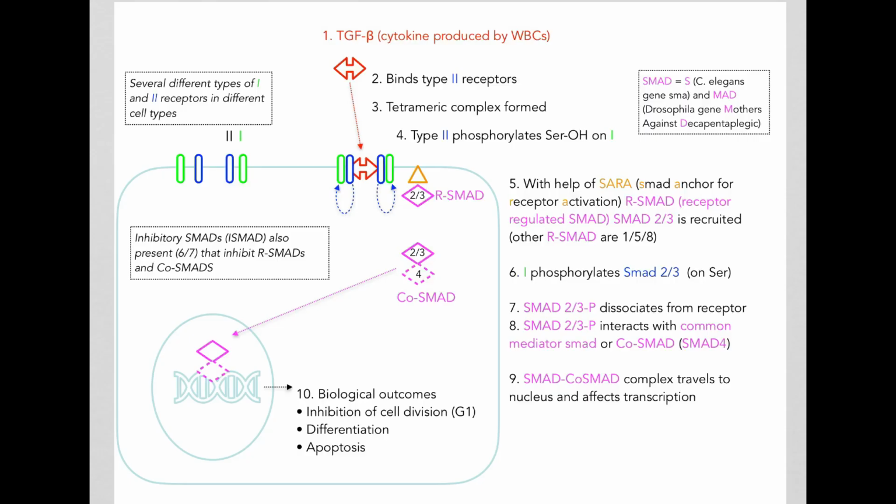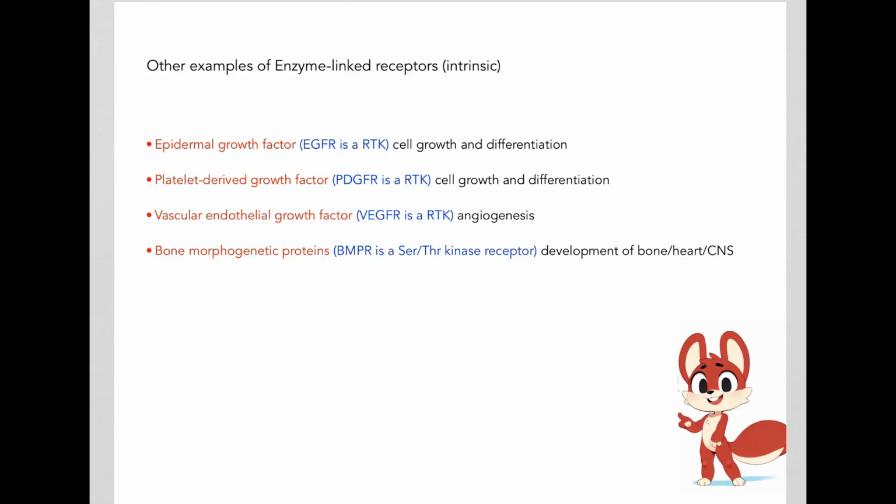So this is another example of a receptor that not only has a binding site for the signal, but also has intrinsic kinase activity. There are several other examples of enzyme-linked receptors that have intrinsic kinase activity that we'll talk about in future videos.